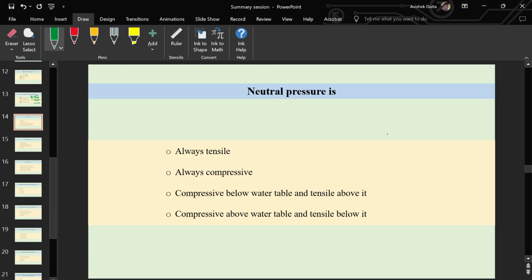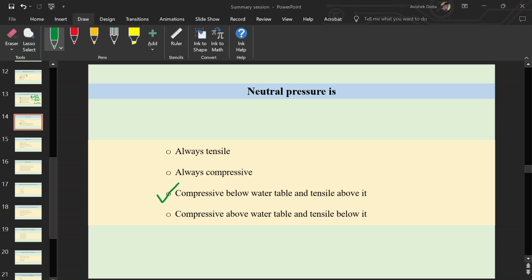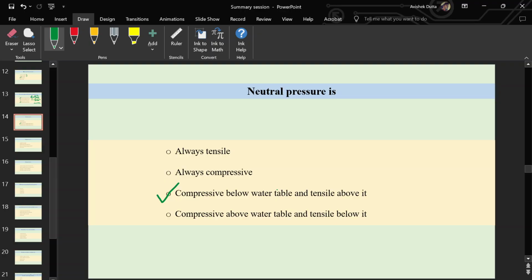Anyone? C, sir. Compressive below water table and tensile above it, right? Yes, sir. Anyone else has any other opinion about this?